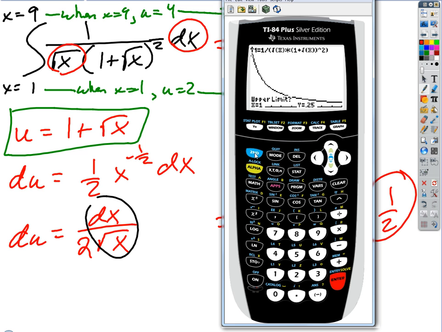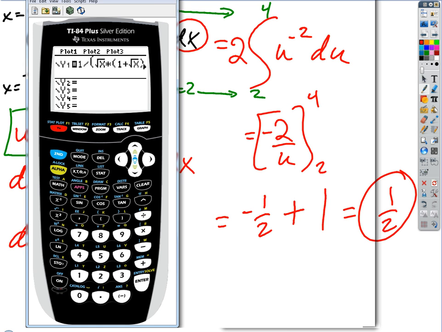I double clicked. I got so excited about this that I just double clicked. Okay, there it is. So it gives us 0.5, right? That's what we knew. That's what we got. 0.5.